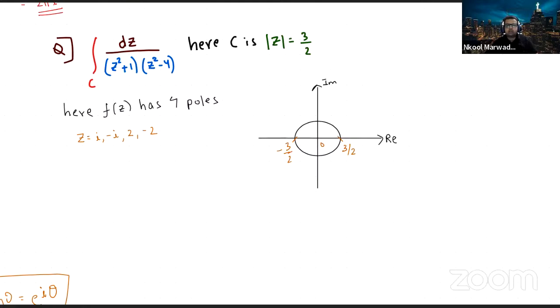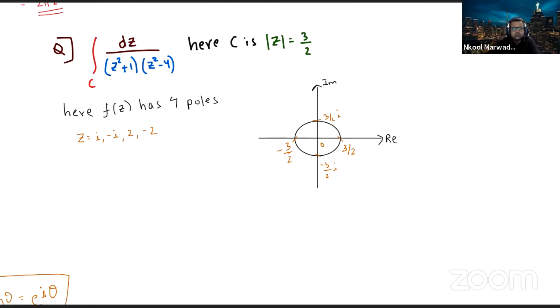On the real axis it goes from minus 1.5 to 1.5, and on the imaginary axis it is 3 by 2 i and minus 3 by 2 i. So i and minus i are within the circle, but 2 and minus 2 are outside the circle, because the circle extends only from 1.5 to minus 1.5.